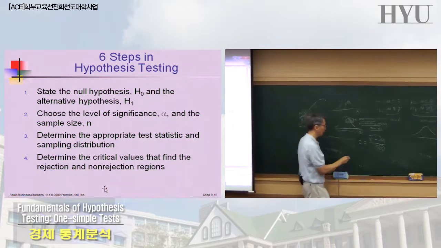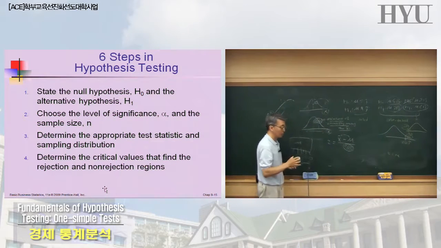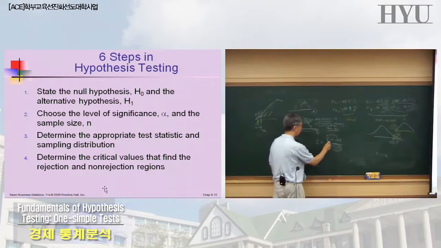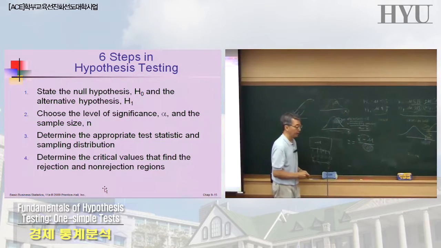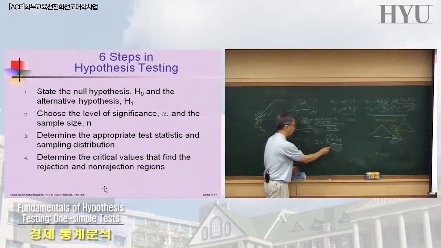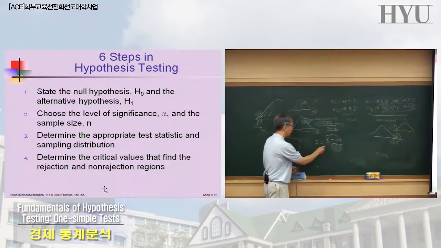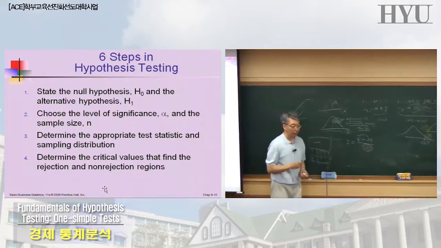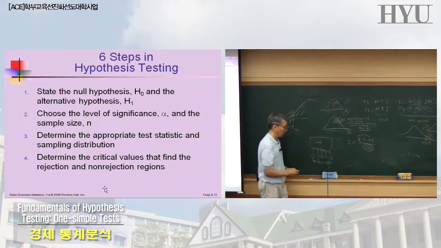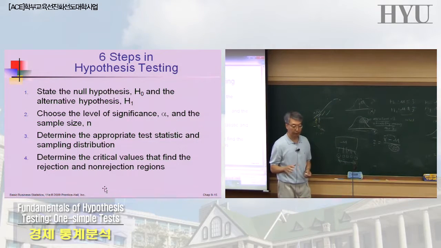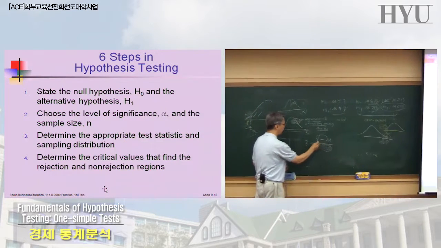So compared to the sampling error, the typical variation we have when we do the sampling, how far is our sample mean from the population mean? We're comparing that to the typical error or typical variation, right? And if that is significantly large, then we can say, well, even when we consider this typical variation that can come from the sampling error, this distance is just too far away, right?